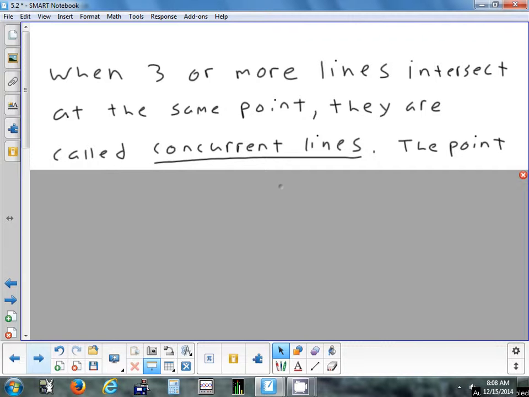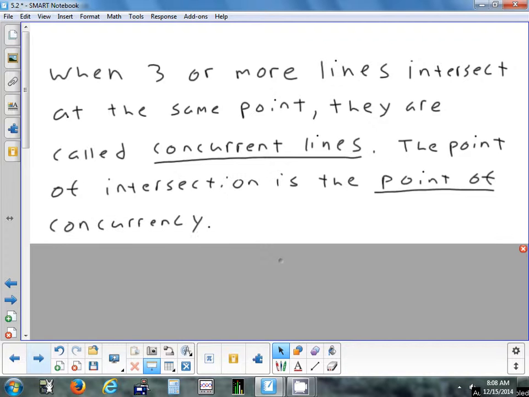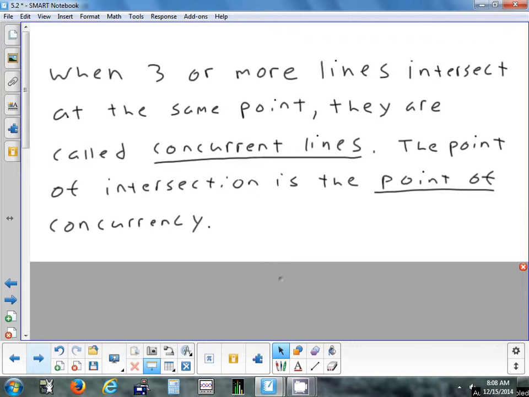The point where they all meet is called the point of concurrency. Today we're going to talk about 2 different points of concurrency. One has to do with segment perpendicular bisectors, and the other has to do with angle bisectors.